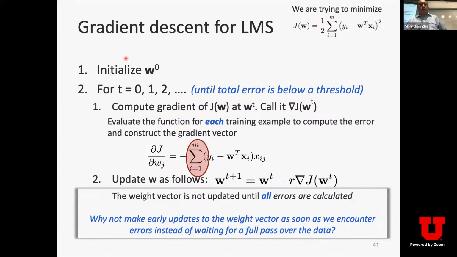The idea is that we initialize our weight vector, then for each iteration, we compute the gradient of the square loss with respect to our model parameters. Then we update the model parameters toward the opposite direction of the gradient, right? And here we have some hyperparameter R, which is called the learning rate, or step size.